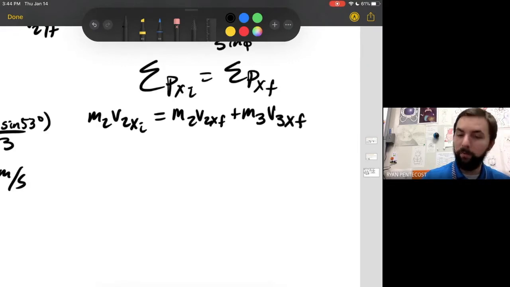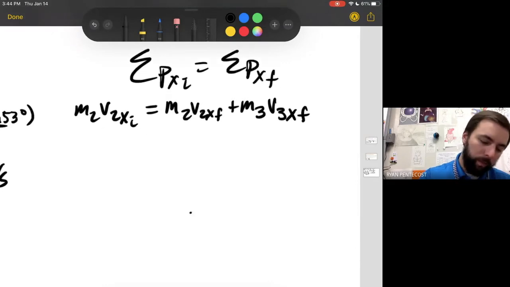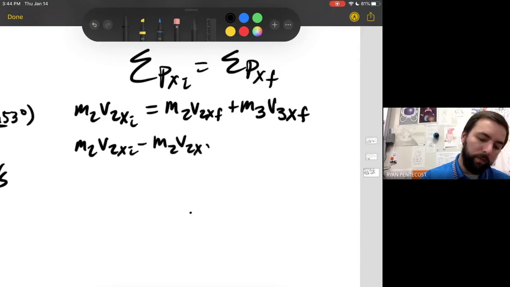And again, we want V3x final. So let's subtract and divide. You've got M2 V2x initial minus M2 V2x final, all divided by M3.